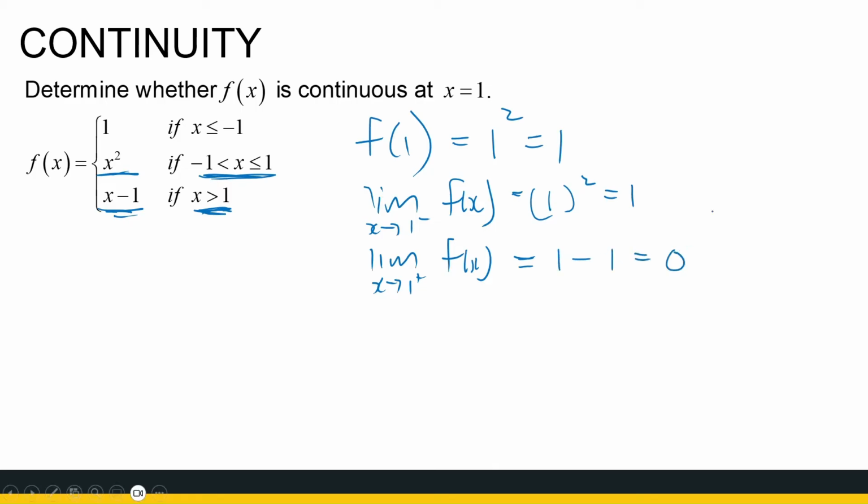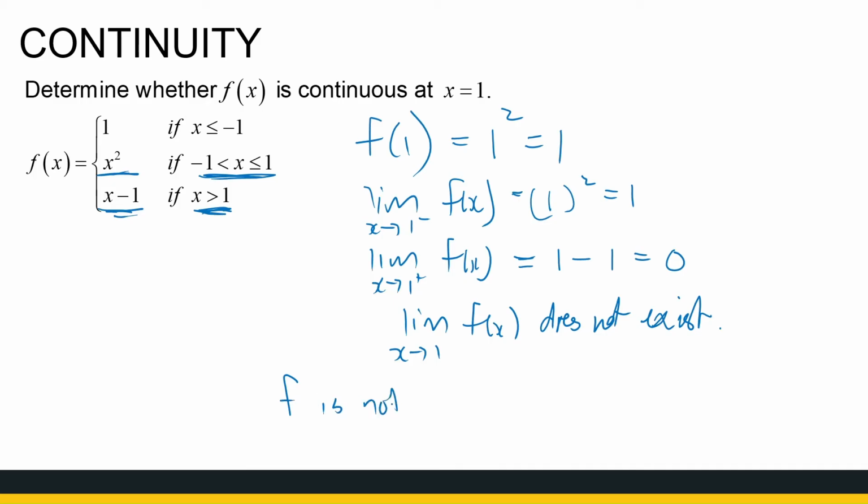So now we see that from the left and from the right, it's not equal. So our first conclusion, we don't jump to the end, our first conclusion is that the limit as x approaches 1 of f of x does not exist. So then I can conclude that f is not continuous at x equal to 1.